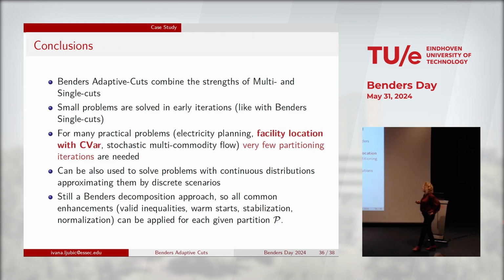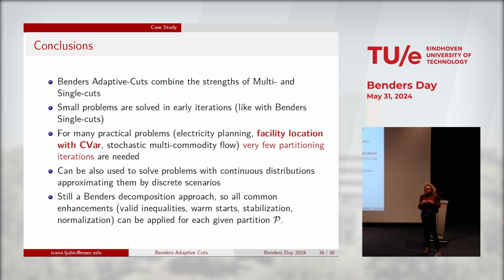Okay, so to conclude, we see that these adaptive cuts combine the strength of both in terms of computational efficiency. You should not bother implementing them if the number of scenarios is rather small. It doesn't pay off, okay? However, you might consider them not only for the stochastic problems, but also for the deterministic ones.